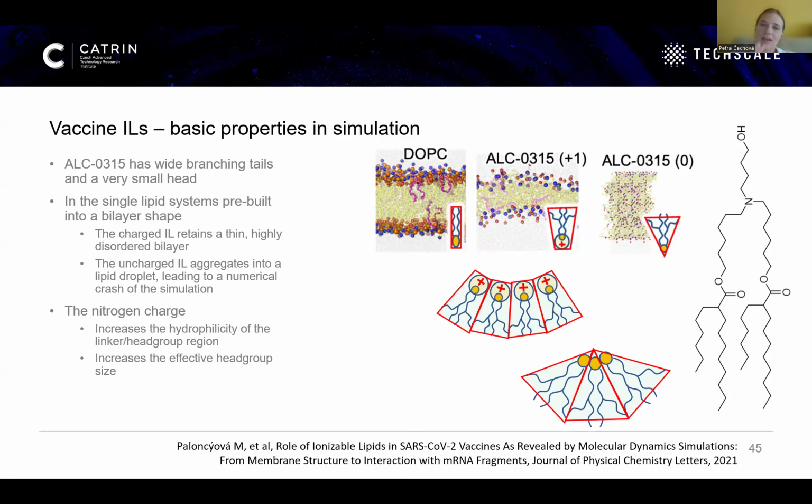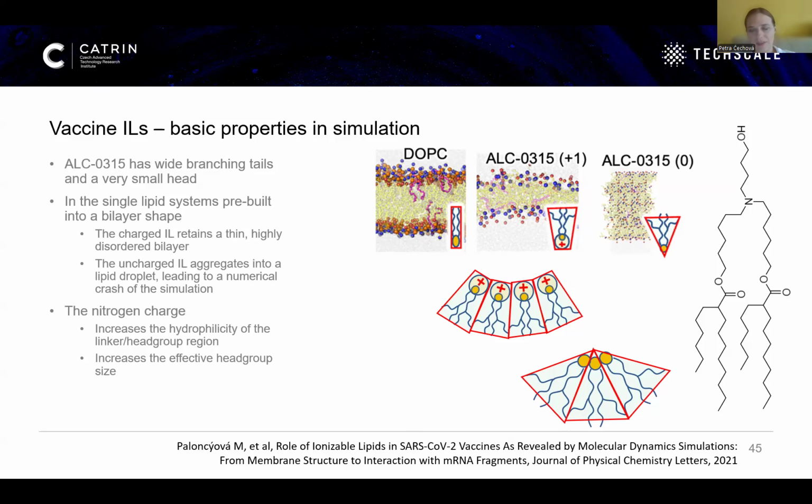So we built a bilayer of this ionizable lipid that is present in the Pfizer vaccine. It's on the left here, on the right here. So what we can see is that in the charged form, in the protonated form, it holds the bilayer. It's a thin bilayer, a very, very disordered bilayer, but it is still somewhat in a bilayer shape.